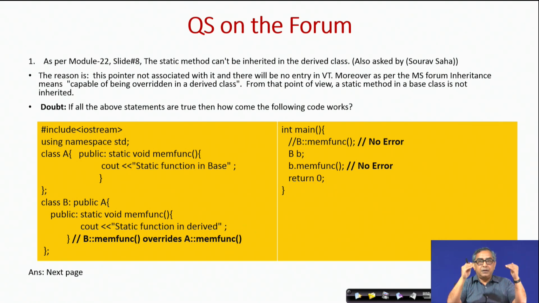Now, if you have something which is static, it is not a part of the object, it is a part of the class. So, it makes no sense to say that you inherit, because it is not any object's personal property. You inherit what is your personal property, which is the data members and methods of your parent.